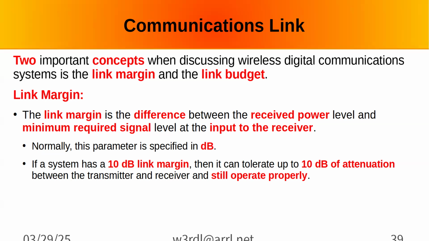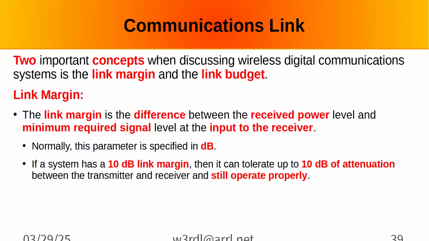So we talked about, I think last week, the minimum discernible signal level on your receiver. Whatever that is, and you probably need to pad it a little bit to not only recognize the signal, but be able to hear it.